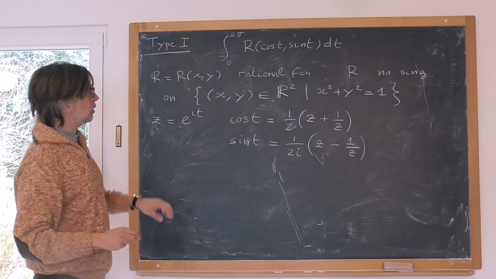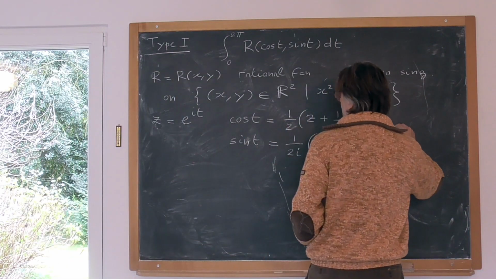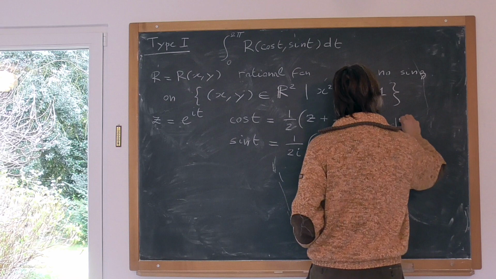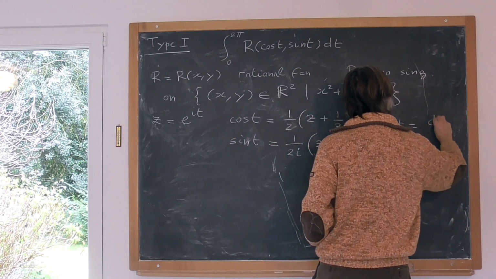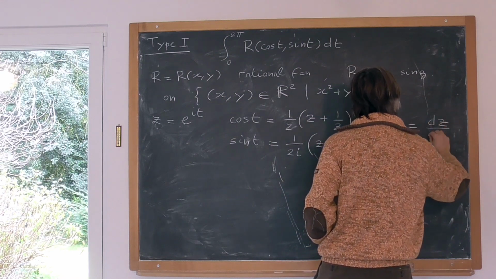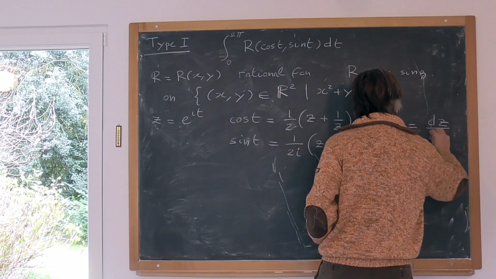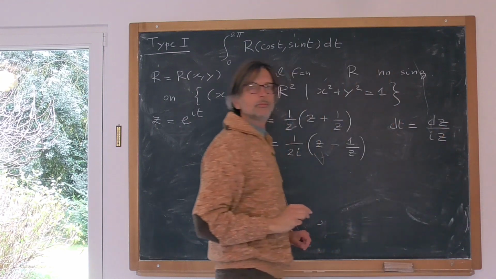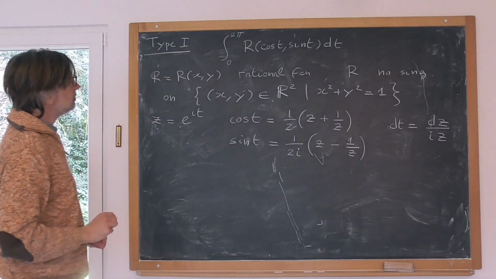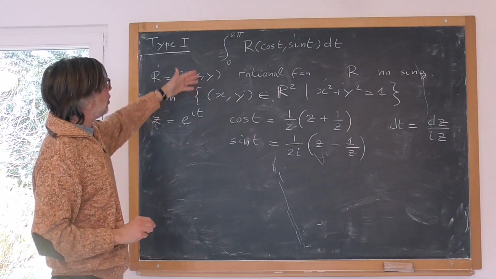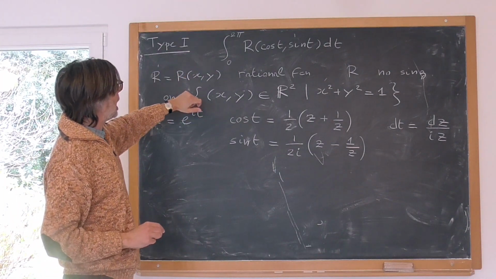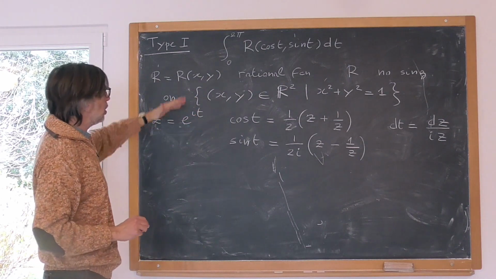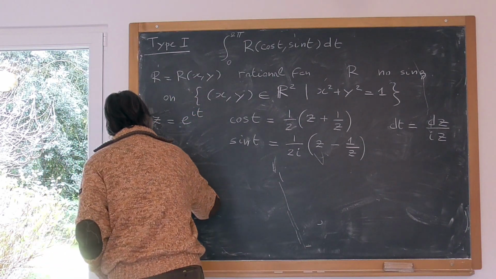And finally, we also have that dt is dz divided by i times z. Okay, and now if we apply this substitution, we obtain the following formula.